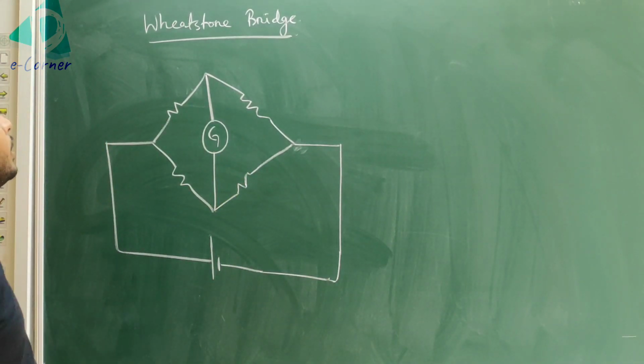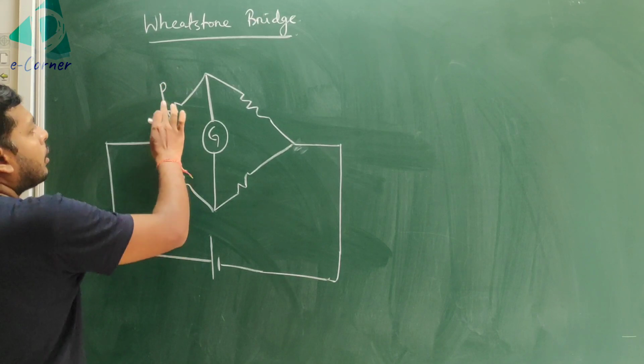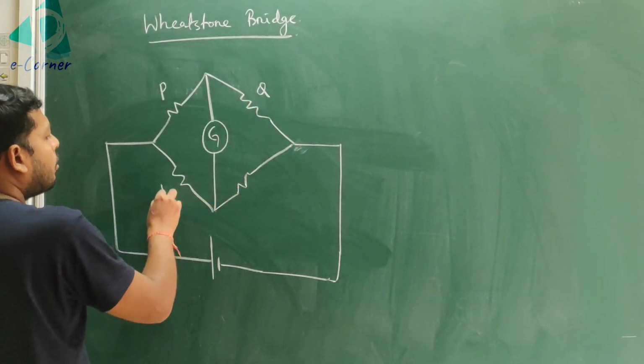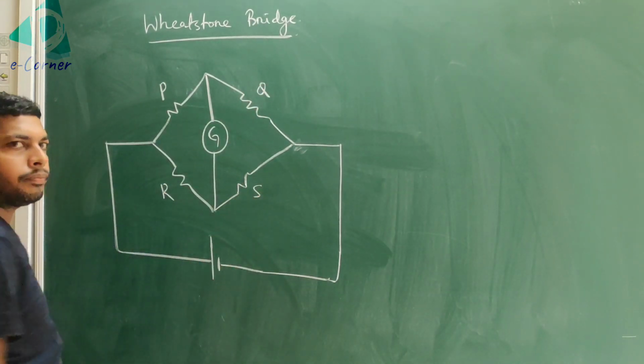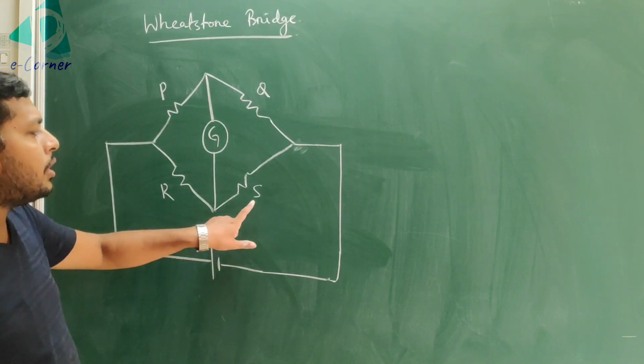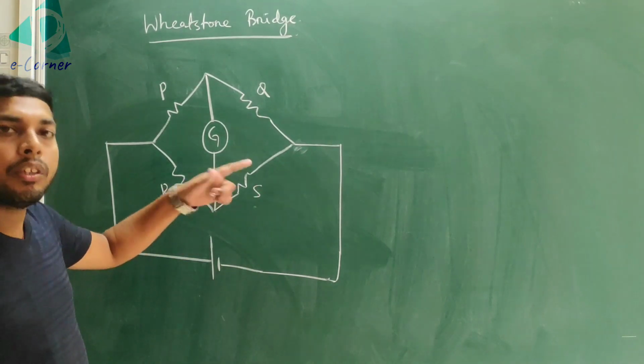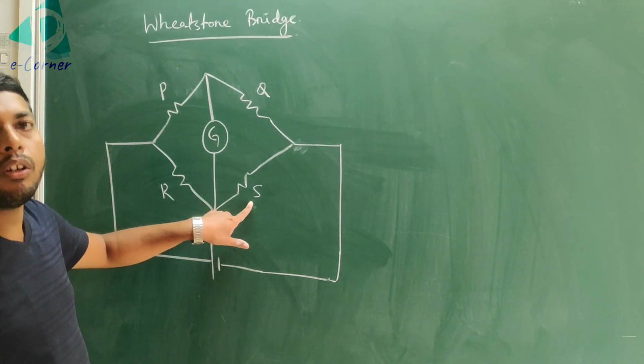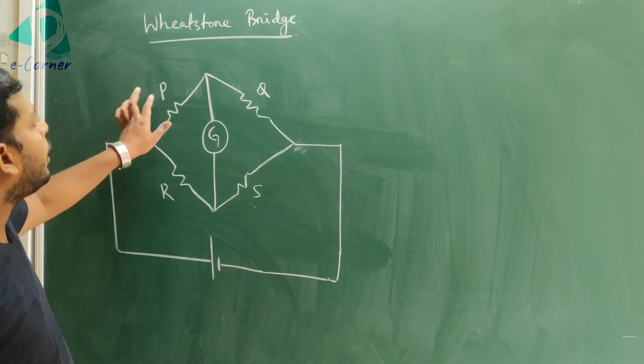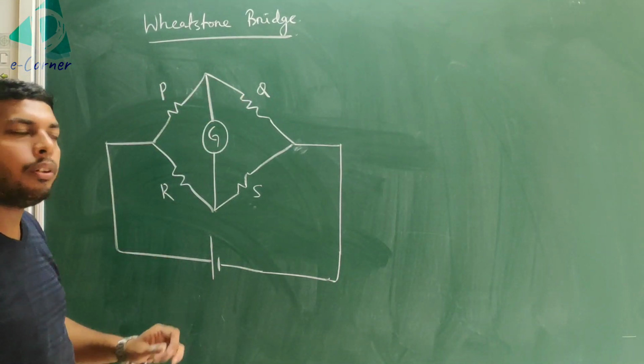Okay, it looks like this one. There are 4 resistors named P, Q, R and S. Suppose S is the unknown resistance, and we are calculating the unknown resistance S here. P, Q and R are known here.